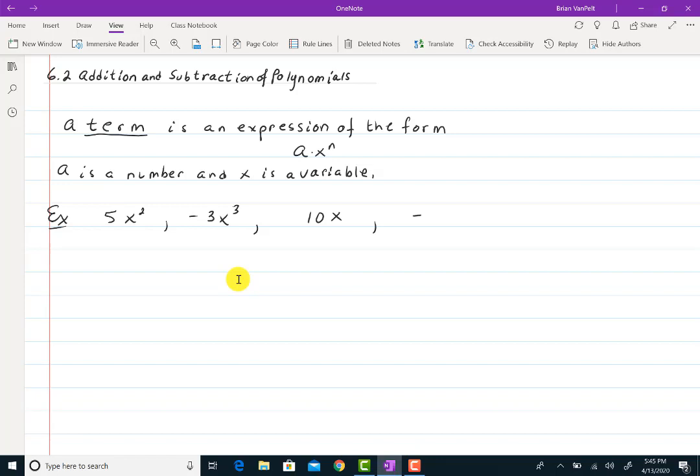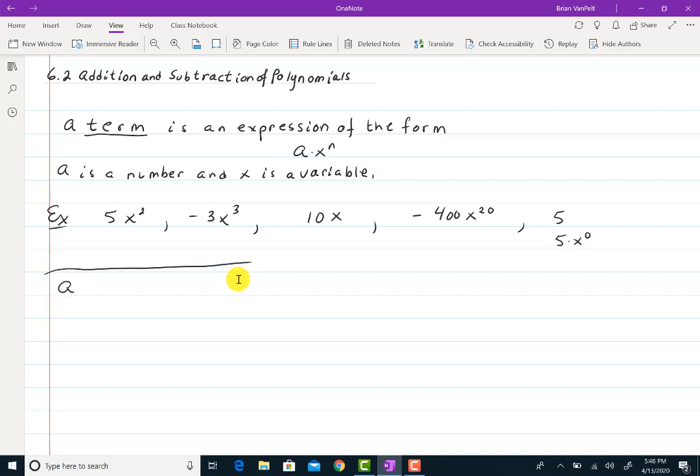Negative 400 x to the 20. All these are examples of terms. Even the number 5 is considered a term because you could think of 5 as being 5x to the 0 power, because x to the 0 is equal to 1. So all of these things are considered terms.